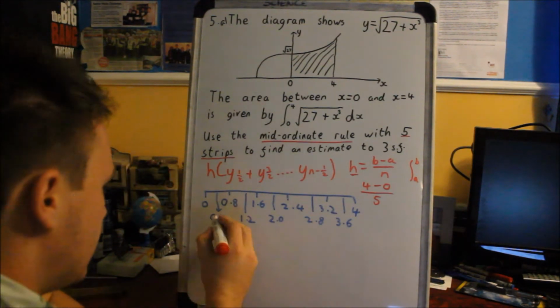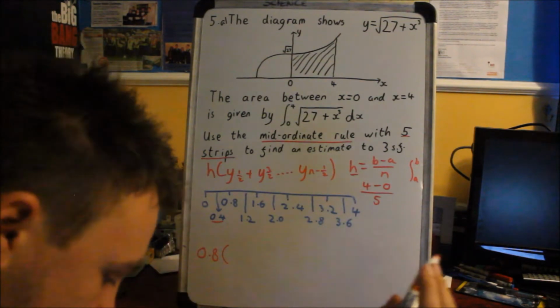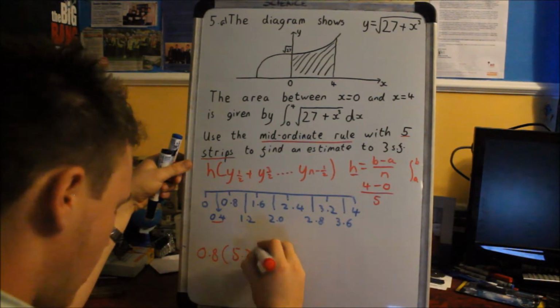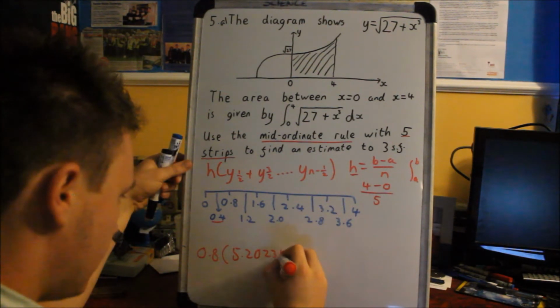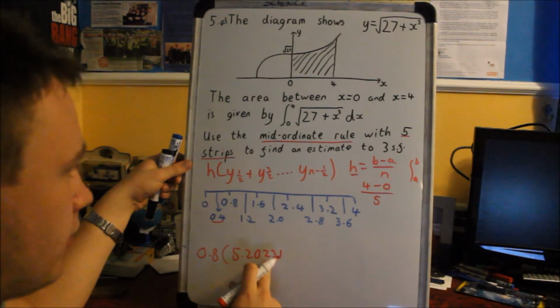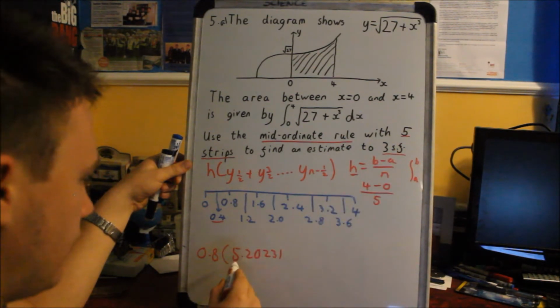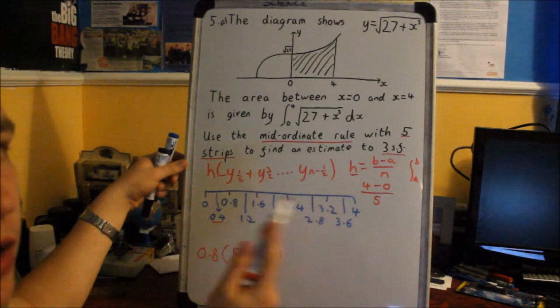If we put x equals 0.4 into the square root of 27 plus x cubed, we get 5.20231. Now you'll notice I'm using more significant figures than we want. We want 3 significant figures at the end, and here I've used 6. I'm being more precise and I'll round at the end.